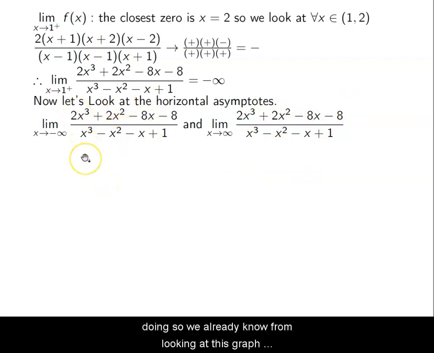So we already know from looking at this graph before that since the degree of the lead terms are the same, it's just a ratio, because x cubed gets larger way, way, way faster than all of these things, right? X cubed grows faster than just an x. X cubed grows faster than an x squared.